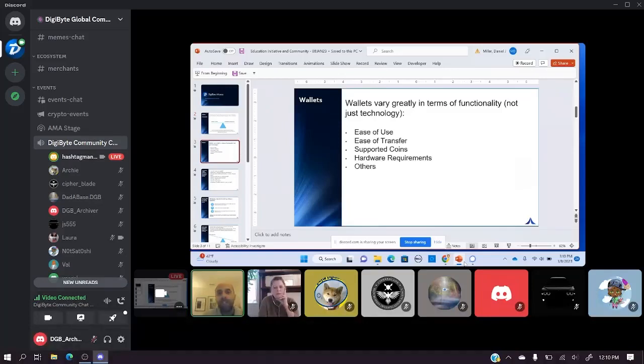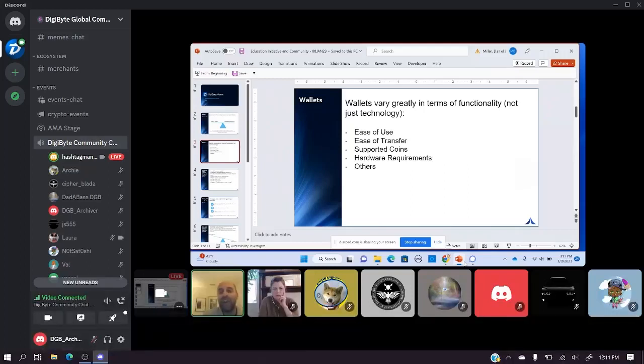And I think that what is here, and these are very different. There's all kinds of functionality, and I have probably experimented with nearly 25 different wallets just to learn, before I could advise or tutor people on it. I wanted to make sure that I knew how to do that.